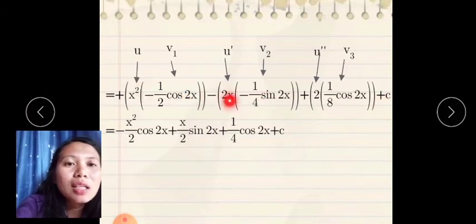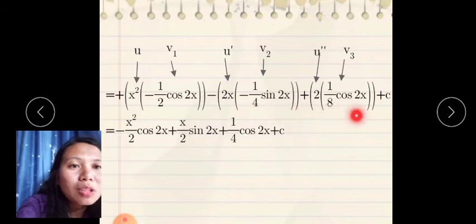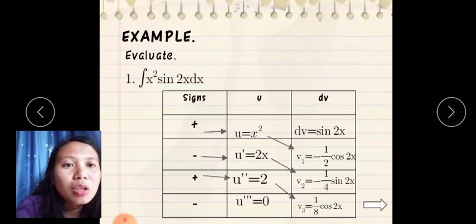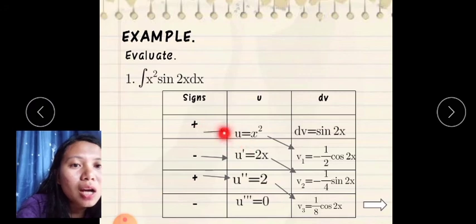That is how you multiply in the table. Pag-apply nimo sa mga value sa table, as you can see in the arrows, the first arrow is positive times x squared times negative 1 half cosine 2x.